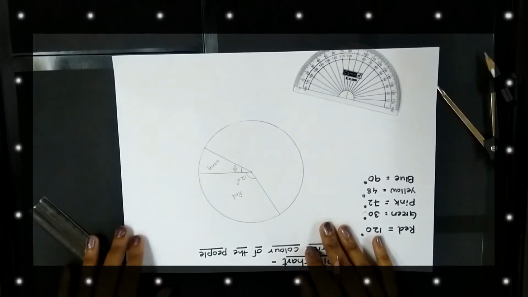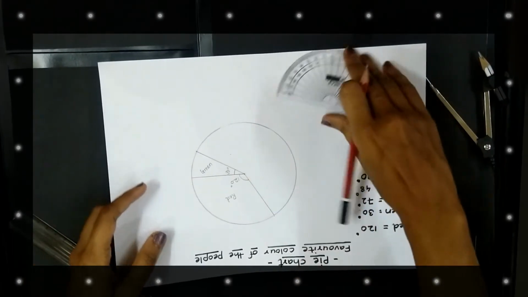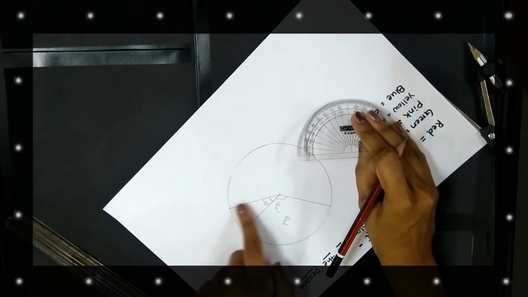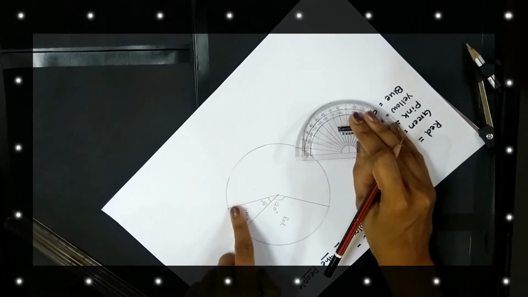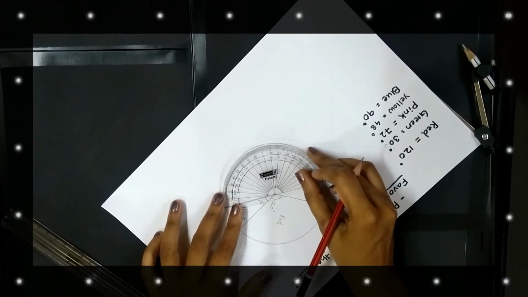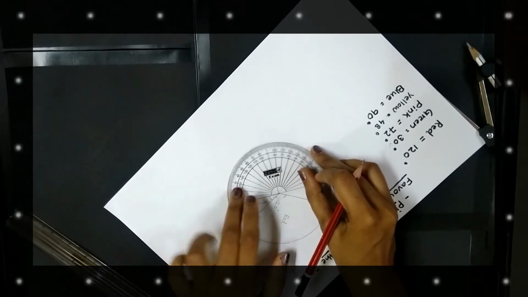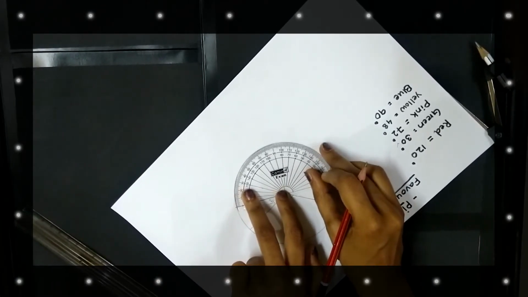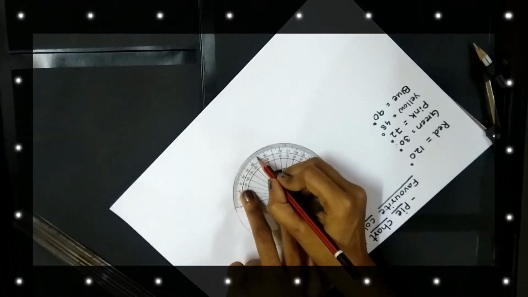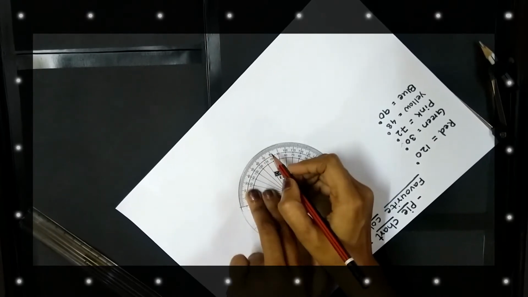My next angle on the list which I have to construct is for pink, 72 degrees. For that, the line of the angle which I made for green now becomes the baseline. I have to keep the protractor in alignment with the baseline and then measure an angle of 72 degrees. So this is 70, and these small lines after 70 represent 1 degree each.